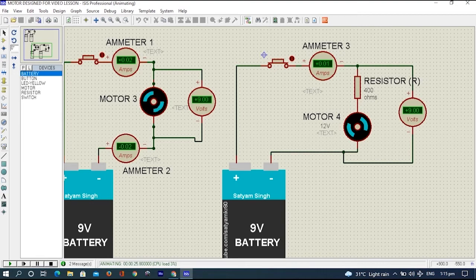Now you've seen the simulation using Proteus. You've seen the relationship of the voltage, current, and resistance. You've also seen the analogy of the water current using the electronic sprayer, of how the water current increases as we increase the pressure from the water pump, and how the water regulator attached at the nozzle of the tube controls the flow of the current.